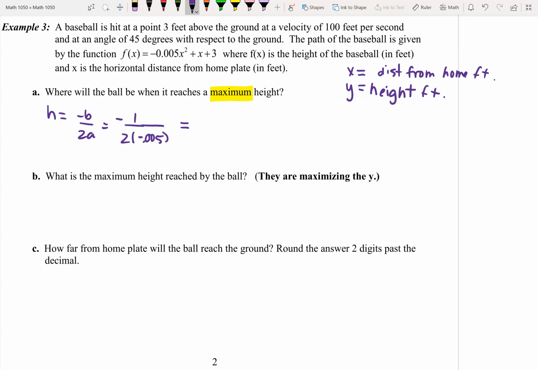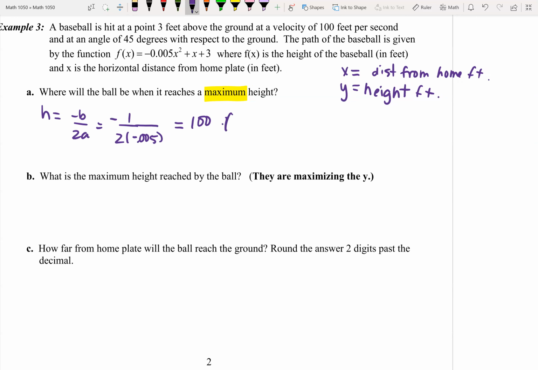Parenthesis, yes. And I don't go 2 parenthesis, negative 0.005, close parenthesis. It's too much. I know those are multiplied. So I'm just going to go 2 times 0.005, close it off, hit enter, and I get 100. What does that stand for? The x. What is the x? Distance from home. Read the question. Where will the ball be? That's it. So it's 100 feet from home. That's your answer.